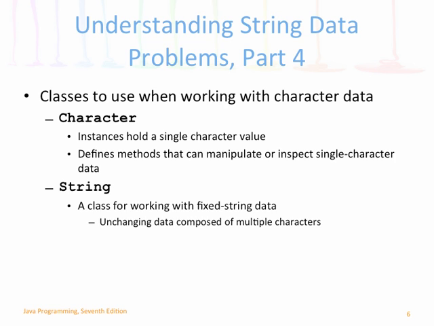A character would be in single quotes and a string would be in double quotes. And the string class is for working with fixed string data. Strings are immutable, and what immutable means is that it can't be changed. So strings can't be changed. We can create a new one, but we can't change an existing string object.